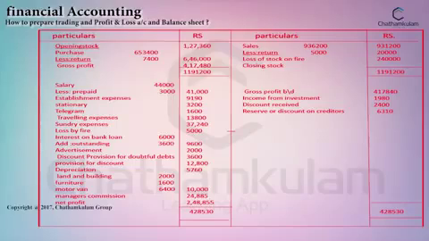Loss by fire, the unadmitted claim of rupees 5,000 is admitted. The next item is interest on bank loan, rupees 6,000. So 6% is the interest on the bank loan.